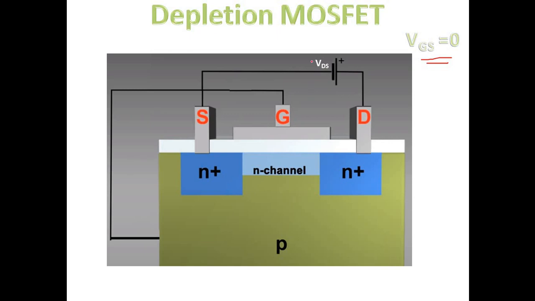Because if you attach a battery where the positive side is attached to the drain, then the N channel will be filled with electrons which want to go in this direction because of the presence of this VDS battery. So in the case of VGS equal to 0 also, you will have a current flowing in the circuit, corresponding to the charge flow through the channel.